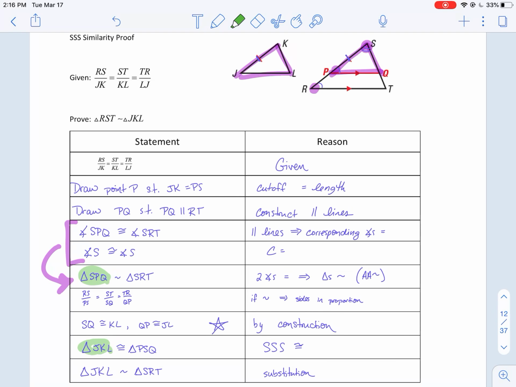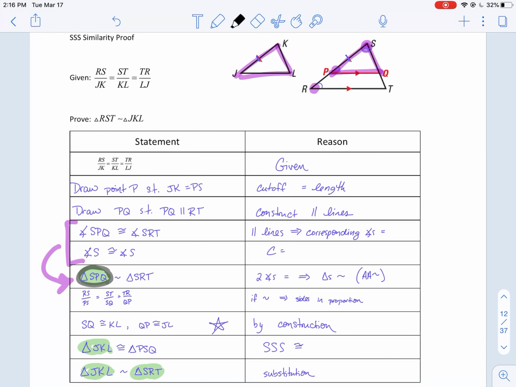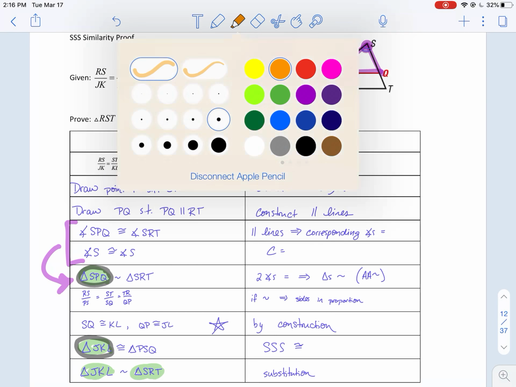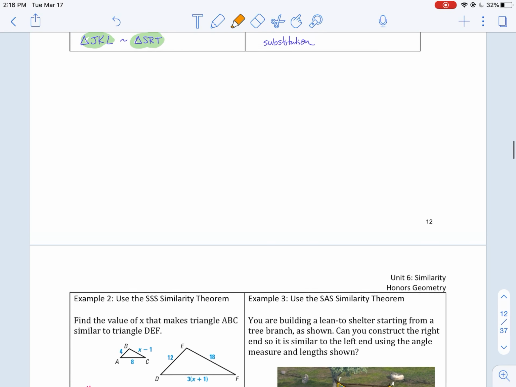Then I'm able to conclude that triangle JKL has to be similar to triangle SRT using substitution. All we're doing here is taking out this SPQ and replacing it with JKL, because those two triangles are congruent. So this is why side-side-side similarity works. Now let's continue and look at a couple more examples.